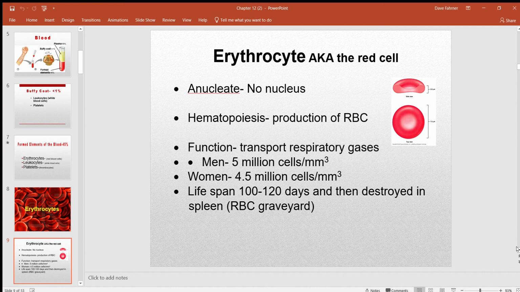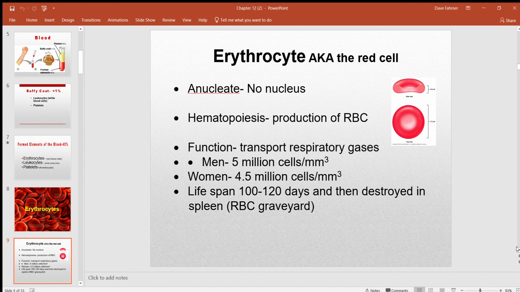It says here transport respiratory gases, but the amount of carbon dioxide that's carried by the red blood cell is very, very small. They do carry a little bit of carbon dioxide, but they carry it in a different place in the cell other than on the hemoglobin, where the red blood cells carry their oxygen.